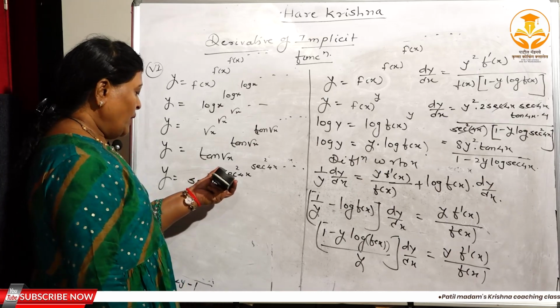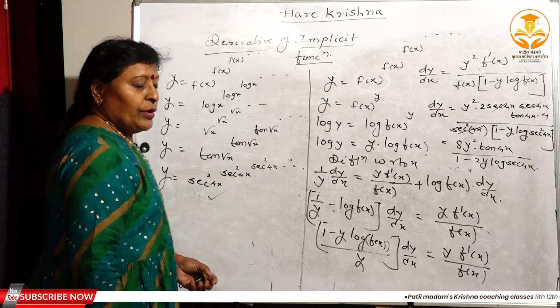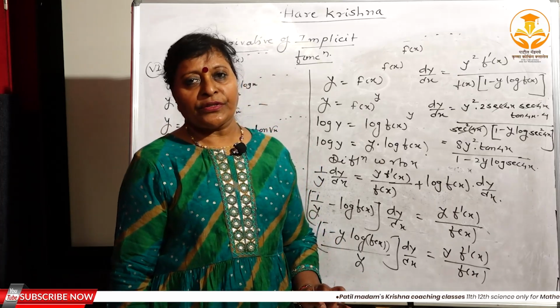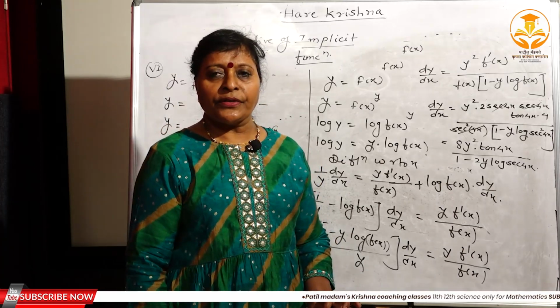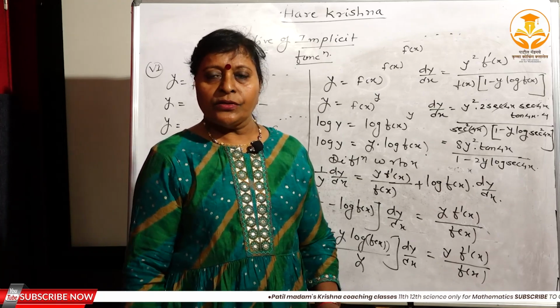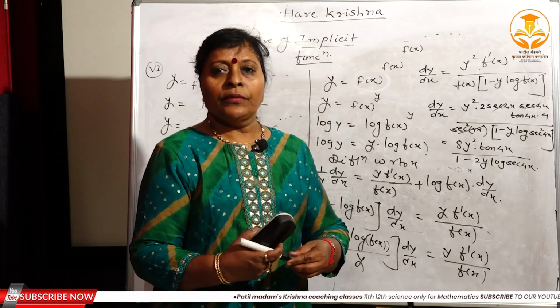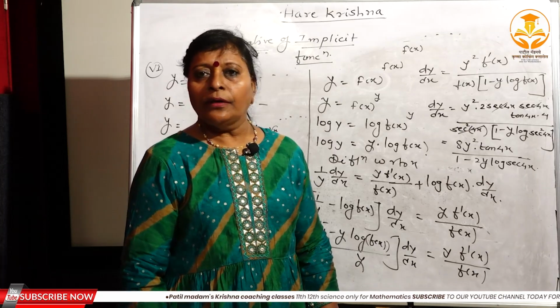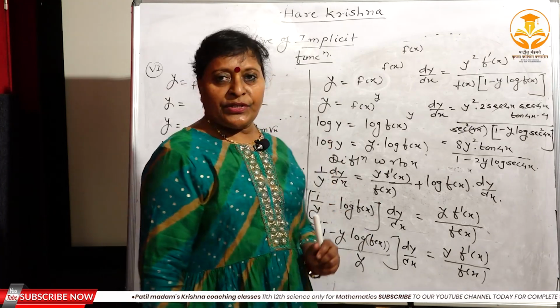So this is about the sixth bunch. Here I have finished the sixth bunch of the implicit function. Again the implicit function is very vast. We have to take again 2 sessions, I think we require 2 sessions about the implicit function.